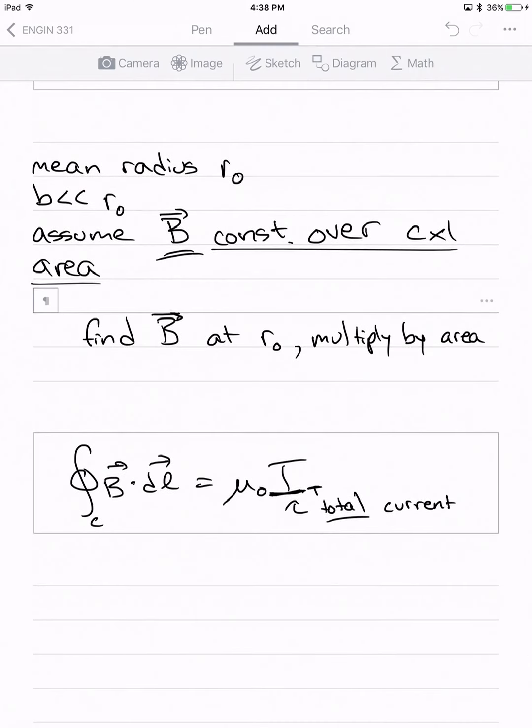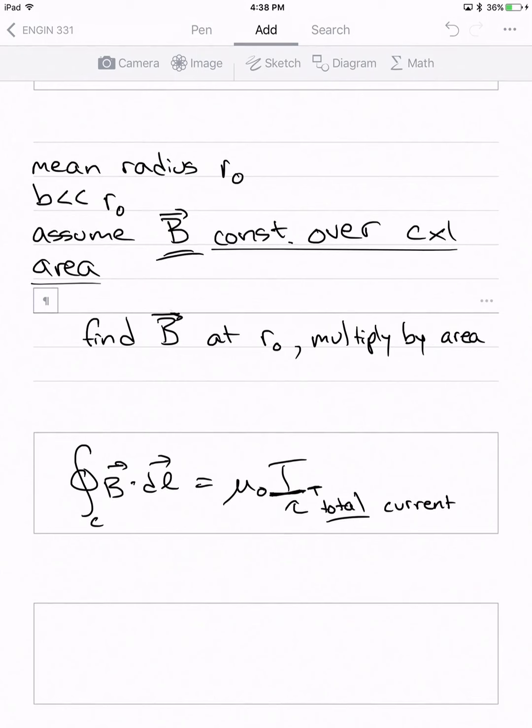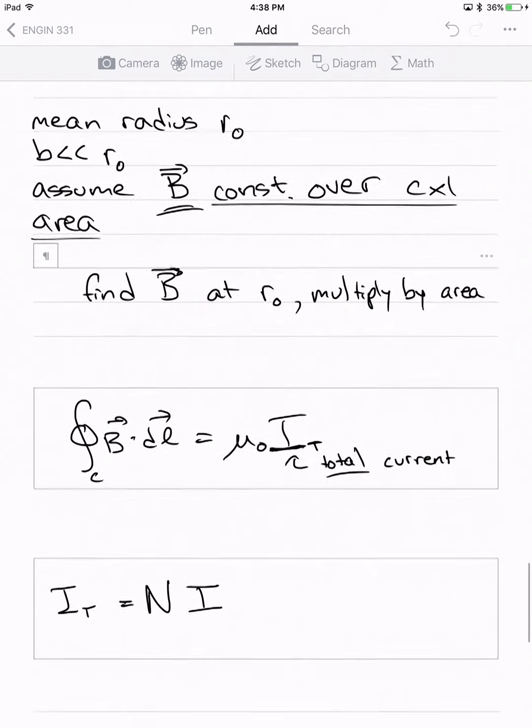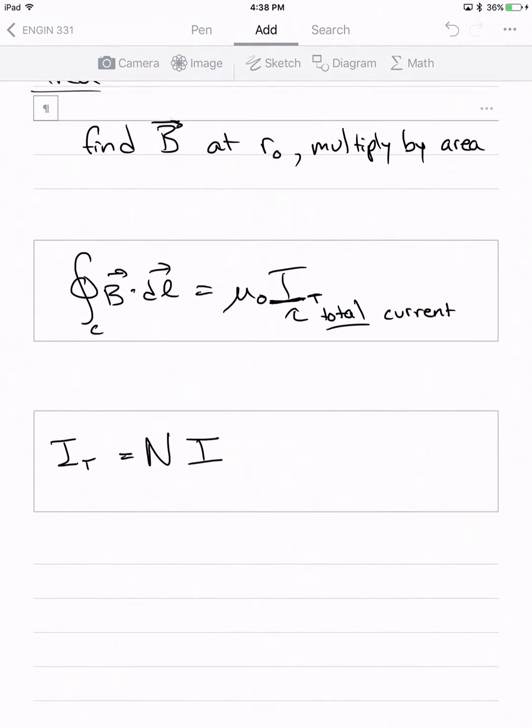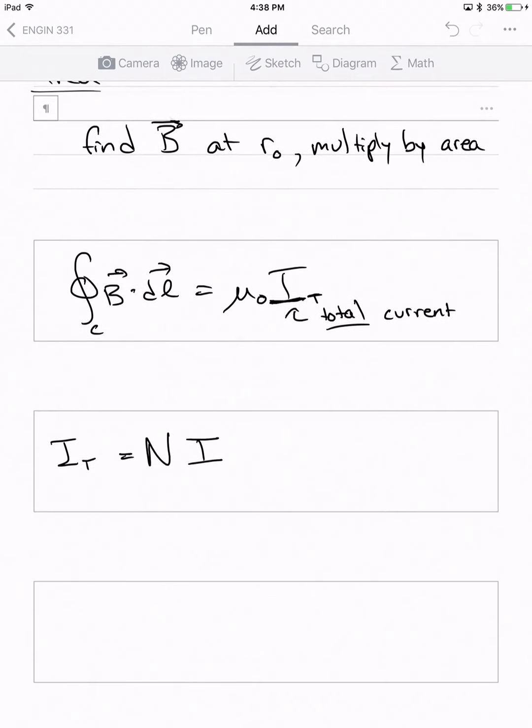What is that total current? Well, we're told that we have n turns, so I sub t is equal to n times I, the current on the wire. In which case, our Ampere's law integral then becomes contour integral of B dot dl is equal to mu naught n I.